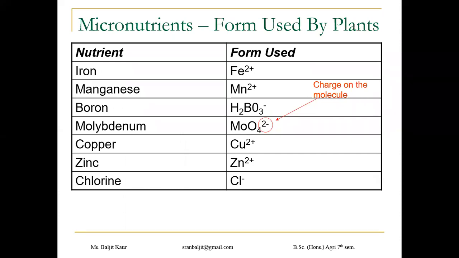So iron is used by plants in the form of Fe2 positive, manganese Mn2 positive, boron H2BO3 negative, molybdenum, Mo is the symbol of molybdenum, as MoO4 2 negative, then copper, zinc, chlorine. So these are all the forms that are used by the plants.